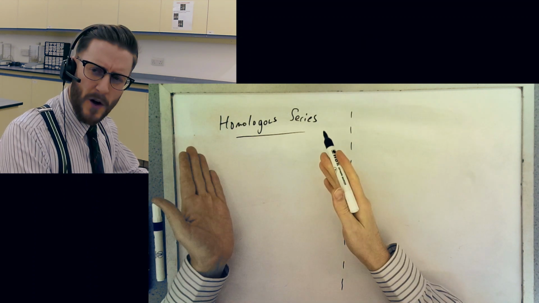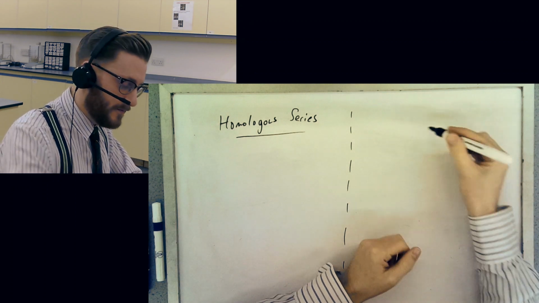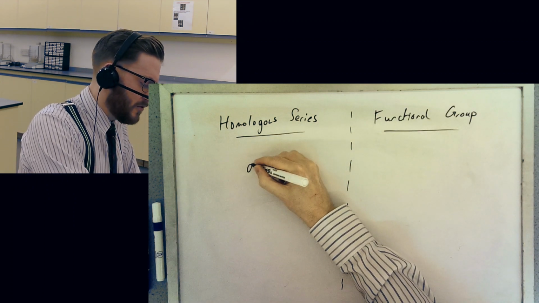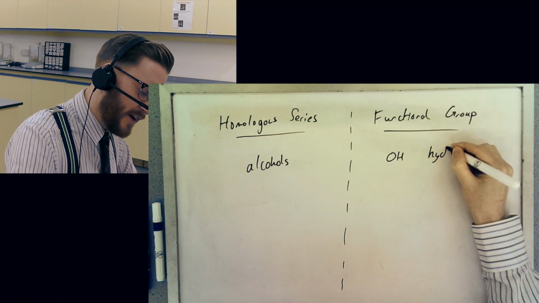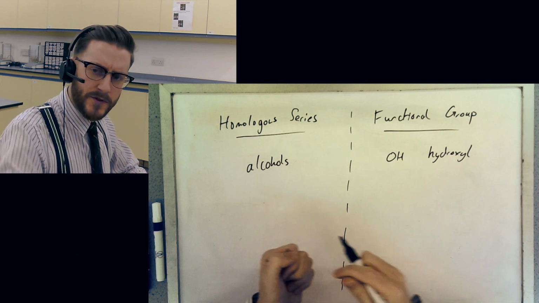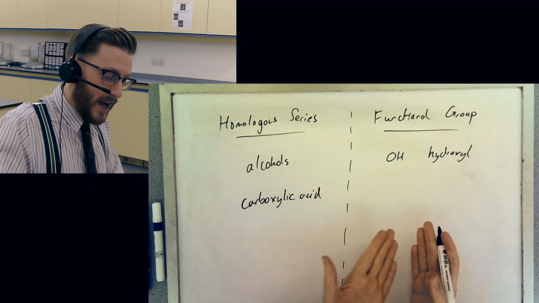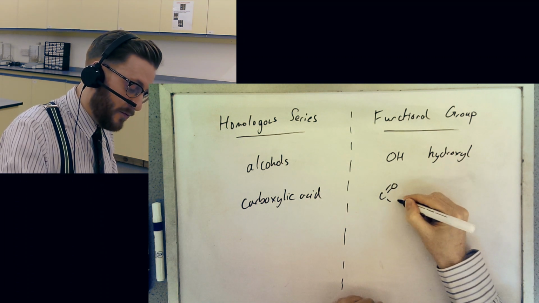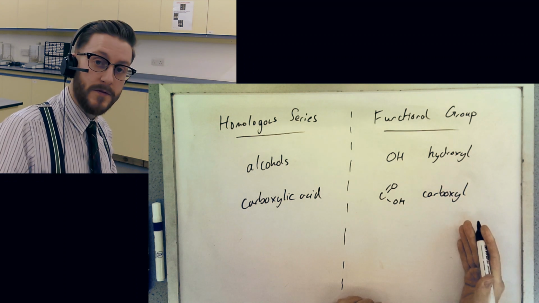Different homologous series have their associated functional group. So my alcohols have a functional group of OH, which we call the hydroxyl. The series is called the alcohols, but the functional group is hydroxyl. Carboxylic acids have a C double bond OH, which is the carboxyl functional group.